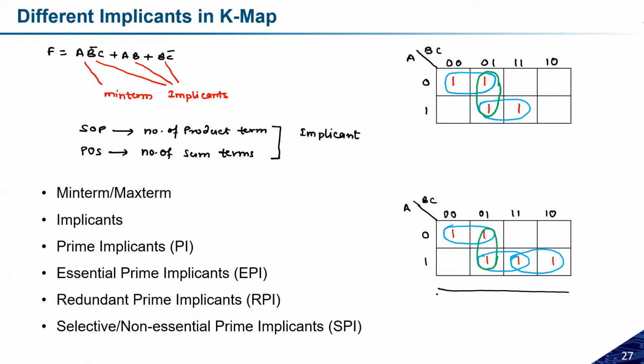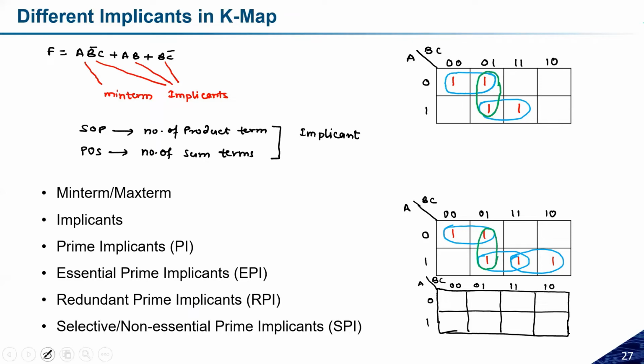Let me consider another pair. A, B, C and 0 1 0 0 0 1 1 1 0.